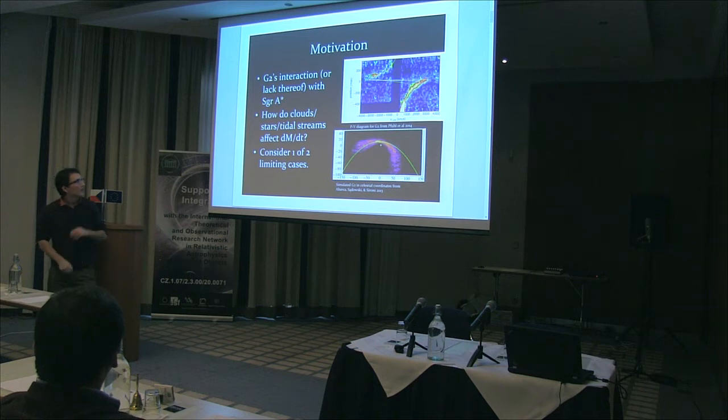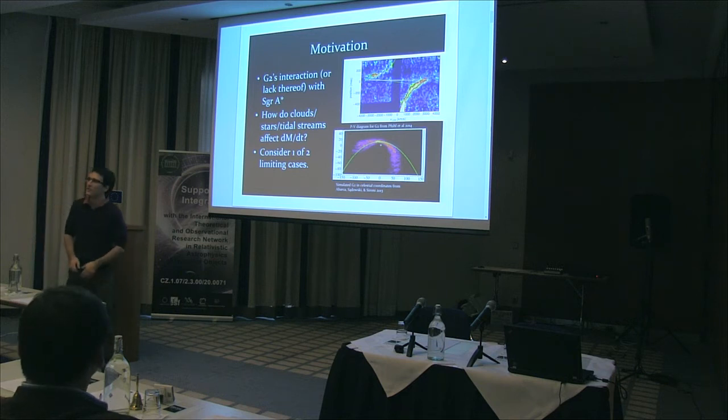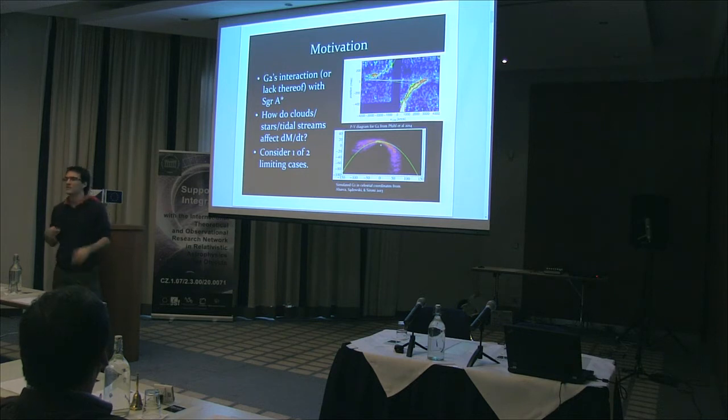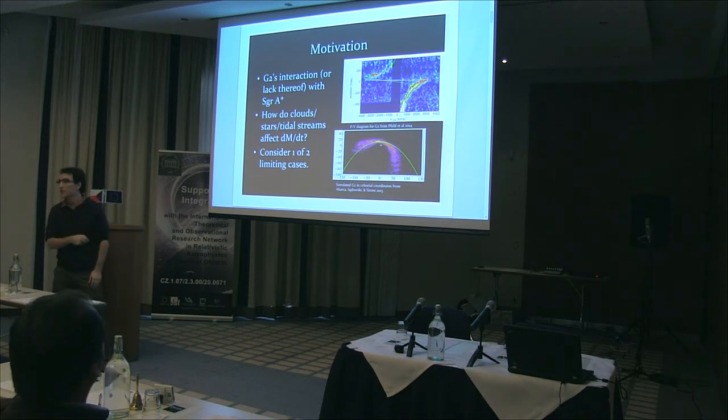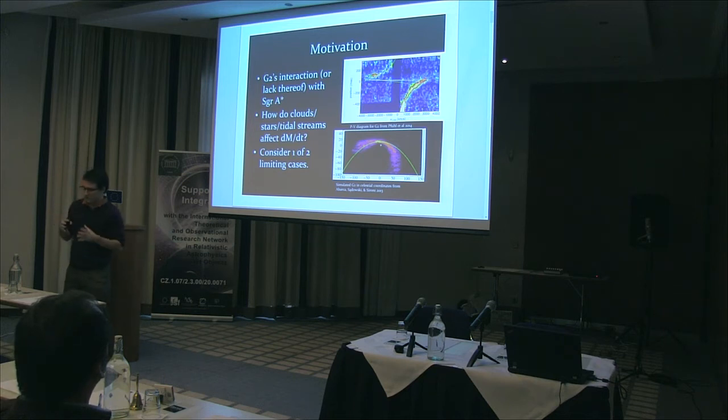So the idea is that it's a very complicated problem, and there's lots of unknowns involved. So what we did is we considered basically two extreme cases. One extreme case where the cloud is not very dense and ends up mixing with the disk, and then over time it accretes onto the black hole, and that's sort of the long-term effect. And the other extreme, which is the focus of this talk, is the case where you have more of a compact, almost like a bullet.